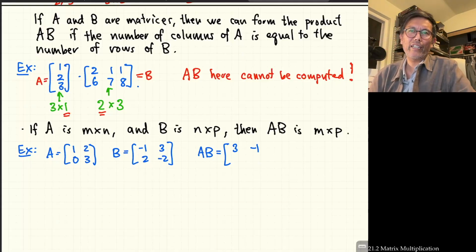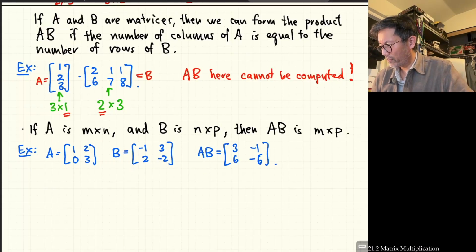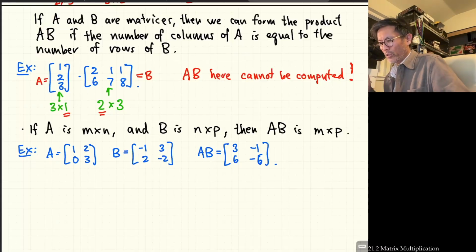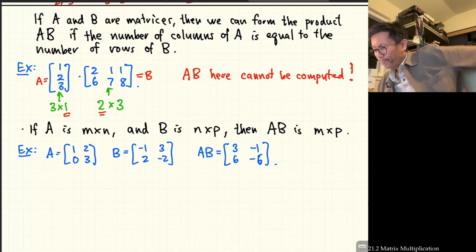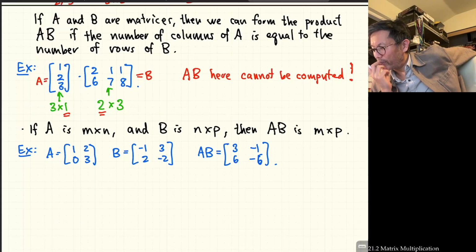I don't know what I just said out loud. 0, -6. This is what I got for A times B. Does that look plausible? I honestly can't tell. Should I review? -1 plus 4, 3. Yeah, that looks right. Oh my god, I think I did it right.